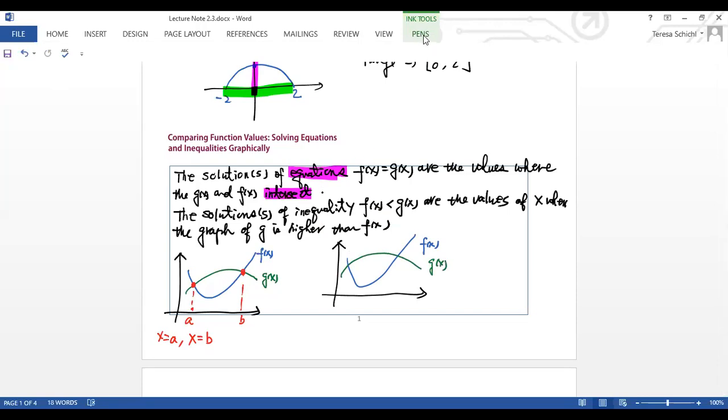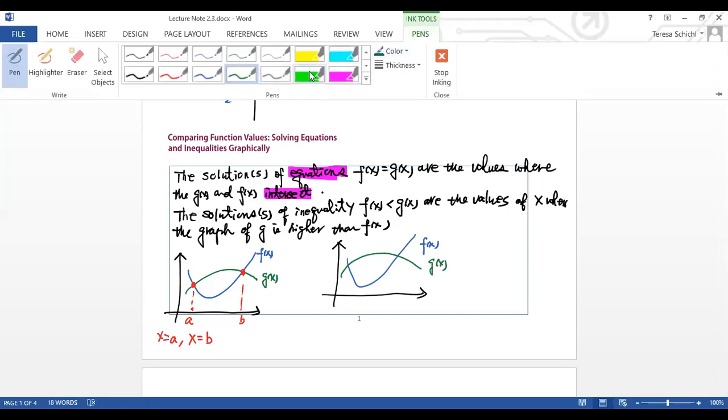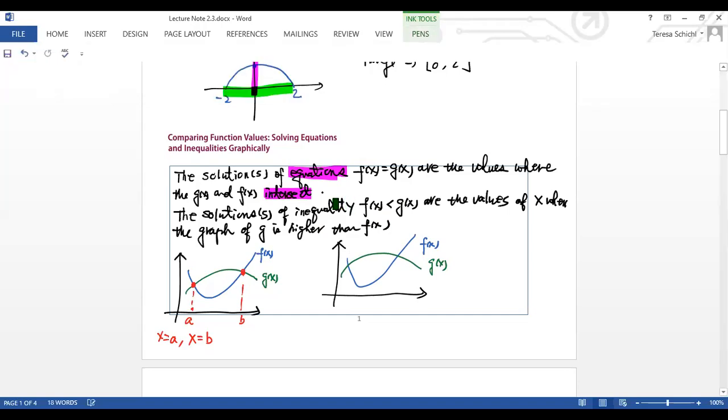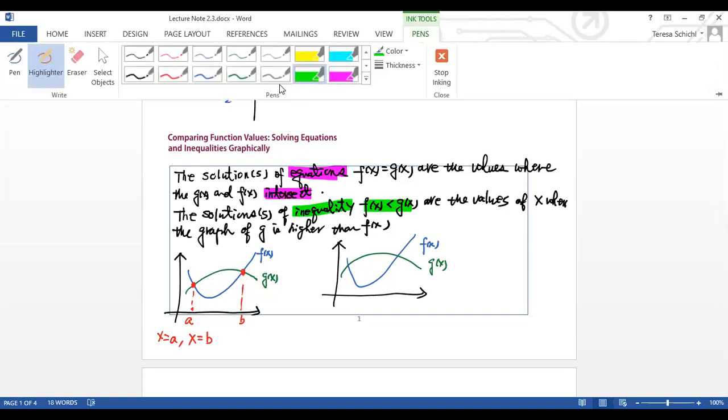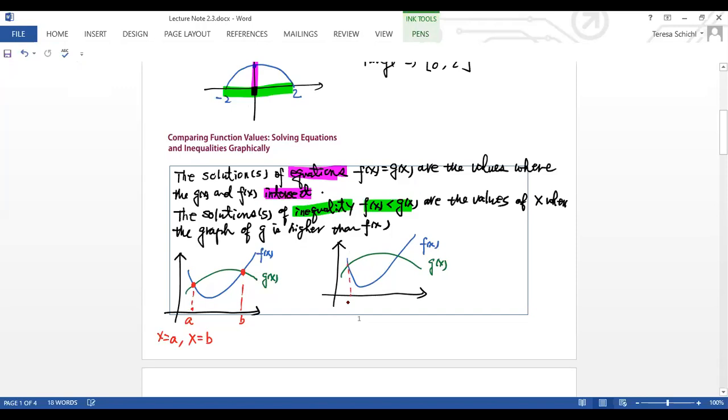Okay, so now let's say the inequality. When the inequality is less than, what does that mean? That means you just look at the areas, right? This one is A, this is B. You're just looking for the area where f of x is less than g of x.